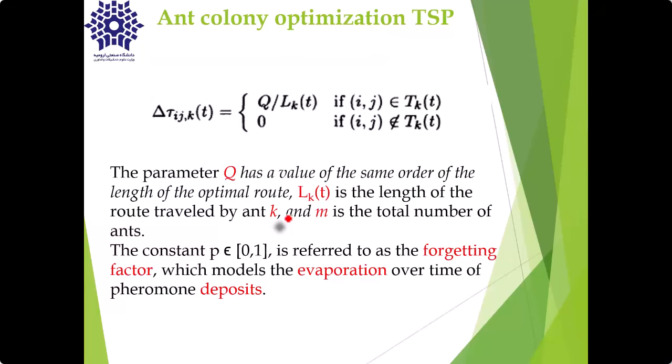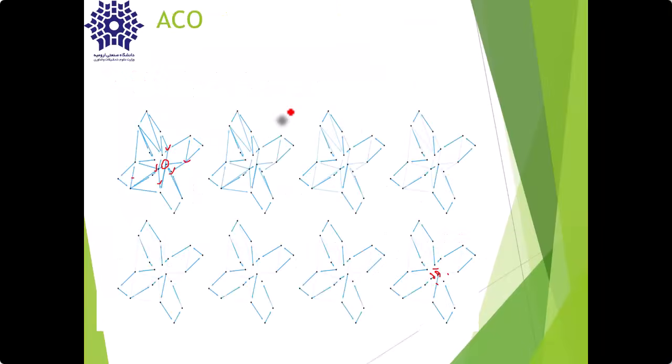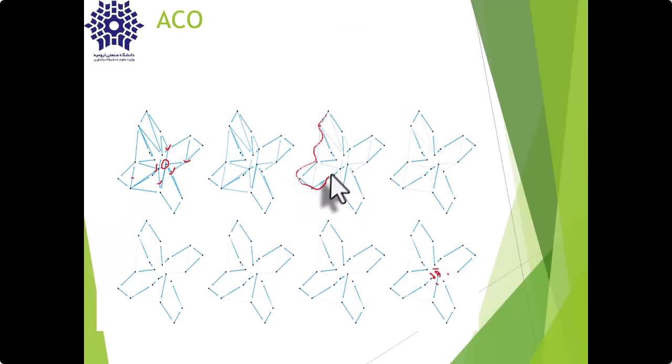So the delta tau ij, the amount of pheromone spread on the edge, could be the inverse of the length of the tours. When an ant starts from here and has a long path to travel, the amount of pheromone on the path is very, very low.